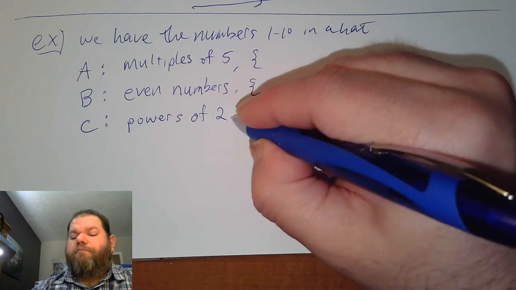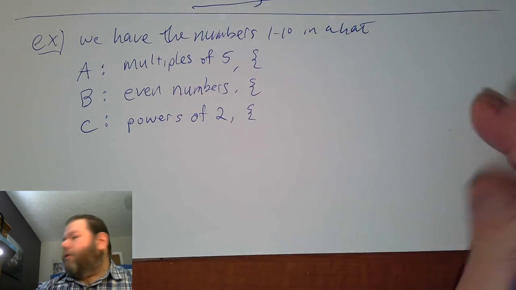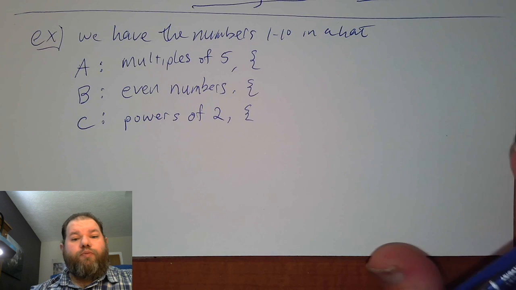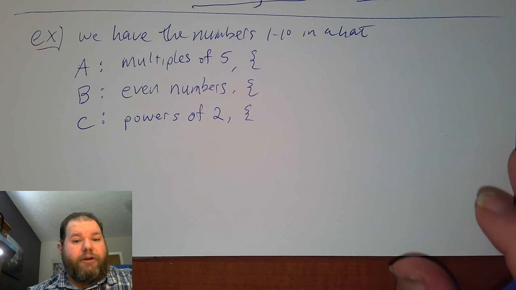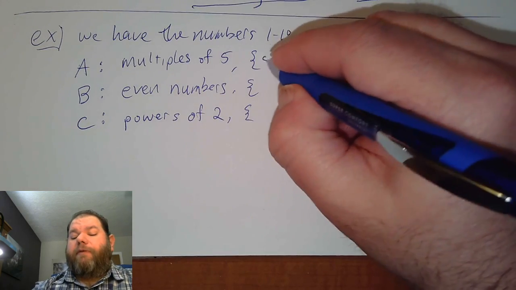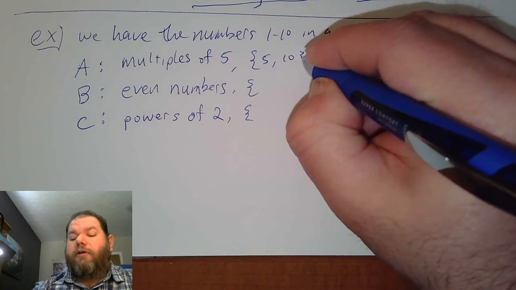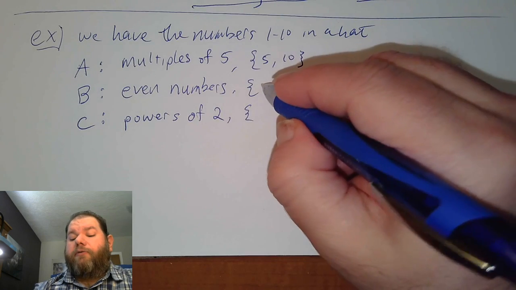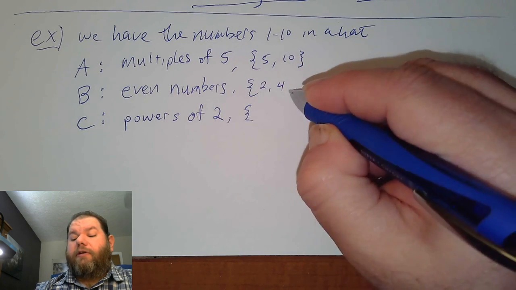Now, before we proceed, we'll also want to write down which particular elements are in each of these groups. So when we look at multiples of 5, that would just be 5 and 10. Even numbers, we know that's 2, 4, 6, 8, 10.